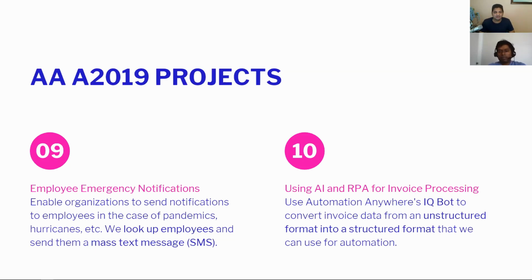The idea is that when there is an active shooter, or a hurricane or floods, or now a pandemic, you want to reach out to employees and find out if they're safe. We do a mass text, looking up, let's say, PeopleSoft. Here we look up a spreadsheet and send a mass text using Twilio to employees in that database.